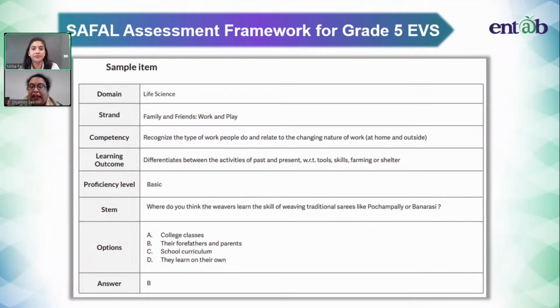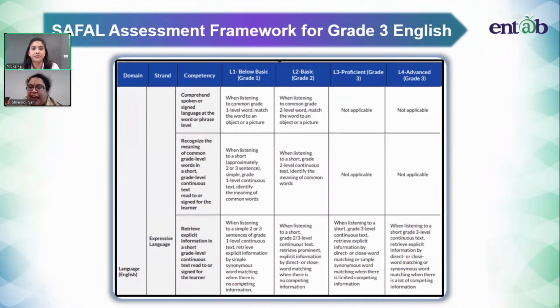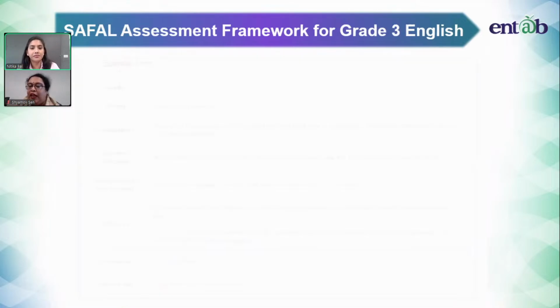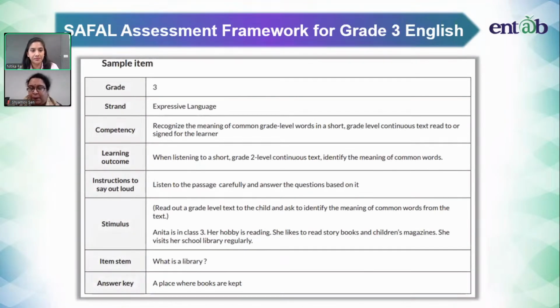Similarly, another example for grade 3 English is now being flashed on your screens. Here, the domain is language and the strand is expressive language with a given competency and an aligned questions. Here, I would like to mention that the grade 3 questions are mostly of story or passage based type.